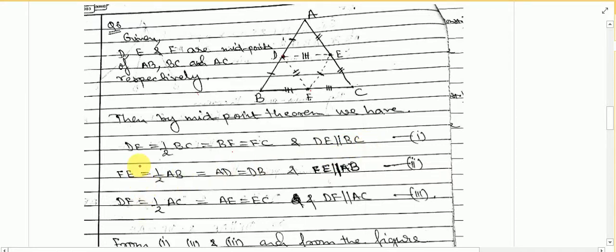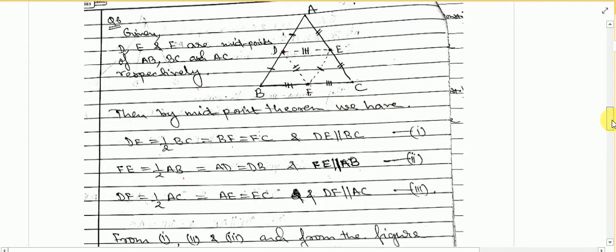And next, FE will be equal to half of AB. That means FE will be either equal to AD or DB, and FE will be parallel to AB.